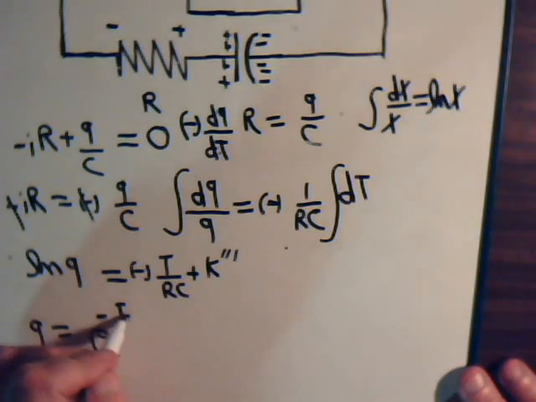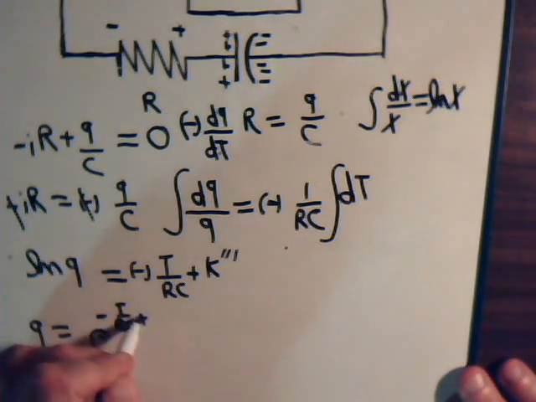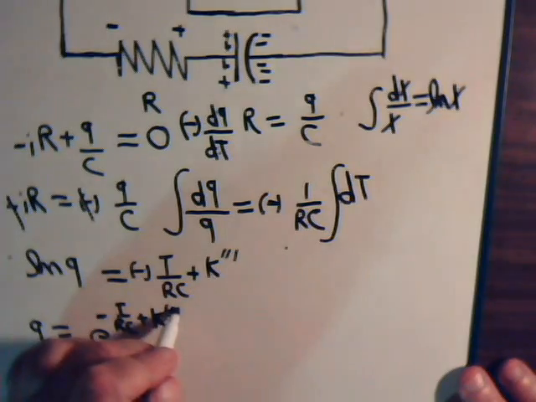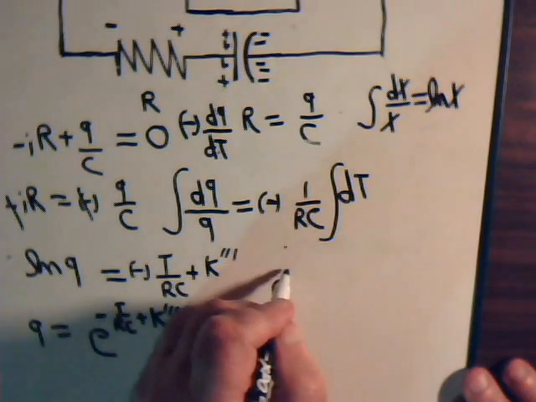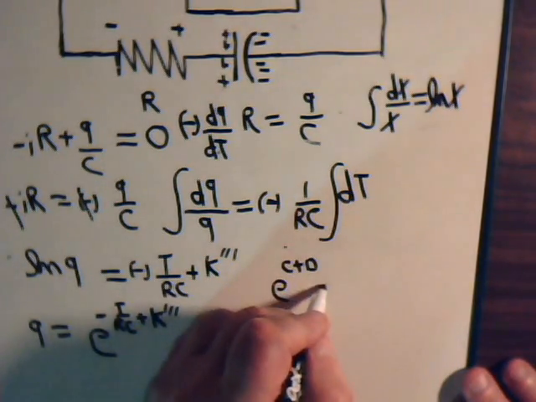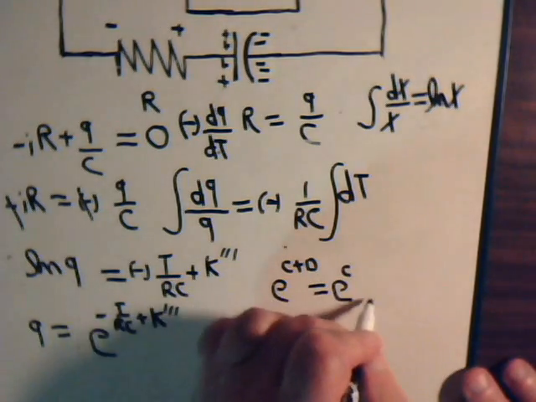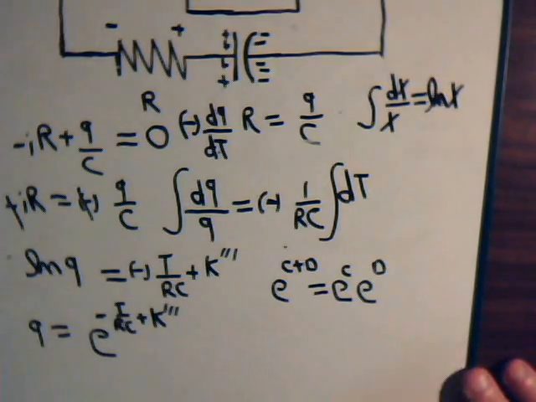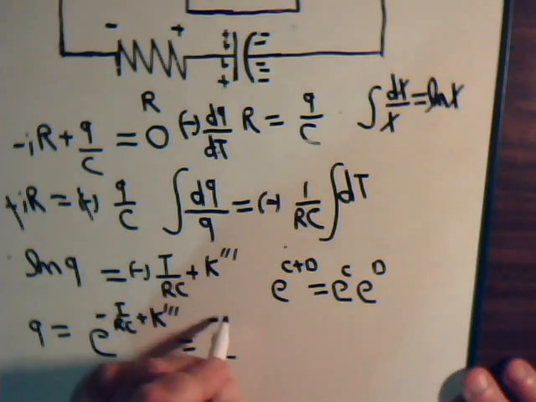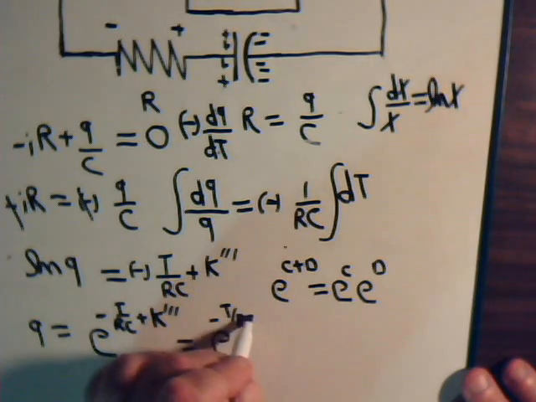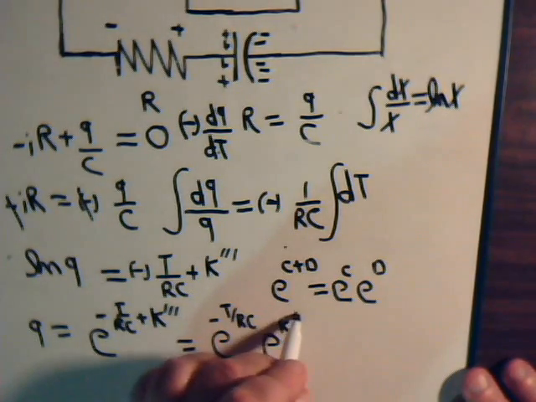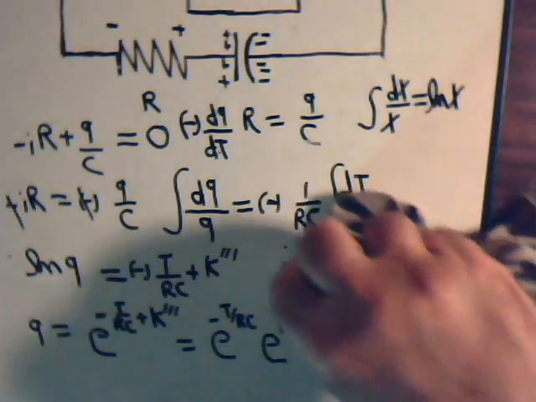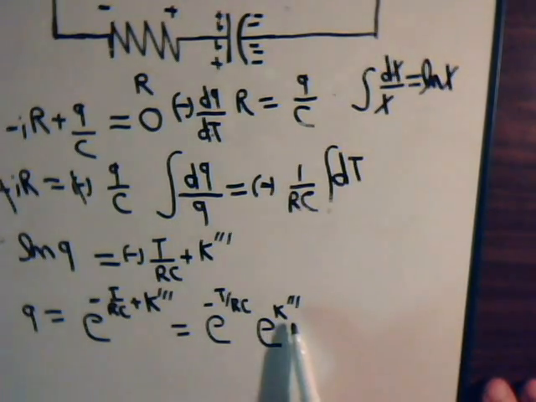e to the minus t over RC plus this. And remember now how it works for exponentials. e to the c plus d equals e to the c times e to the d. So we can write this as e to the minus t divided by RC times e to the K prime, e to this constant. Okay, but of course this is just a constant.